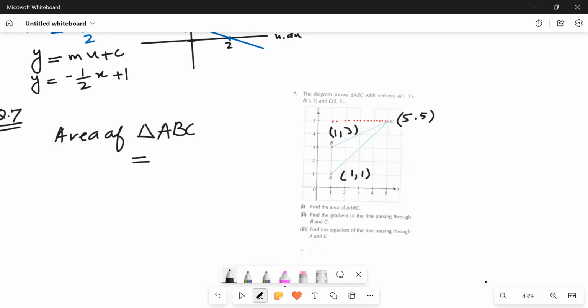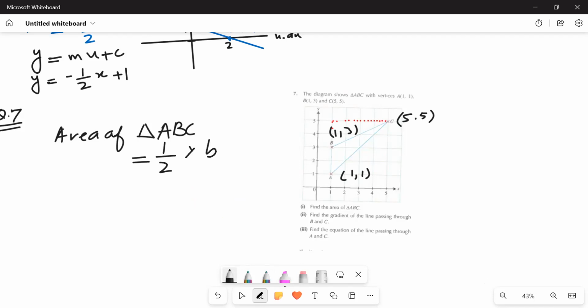Can you tell me the formula of the area of a triangle? How to find the area of the triangle? One over two base multiplied by height.